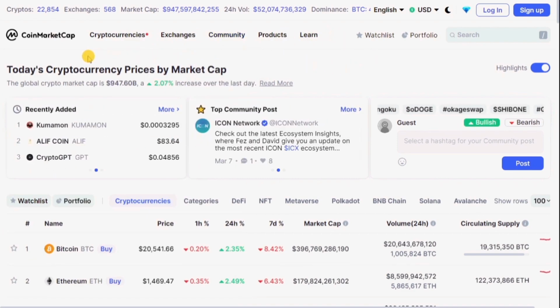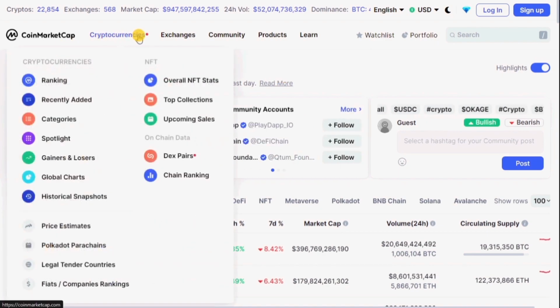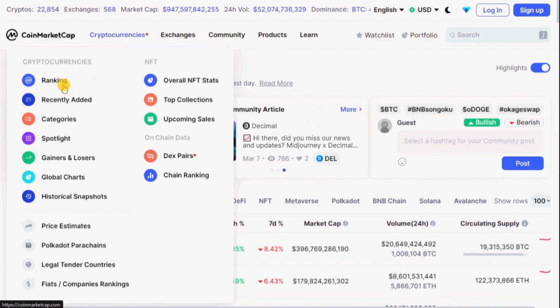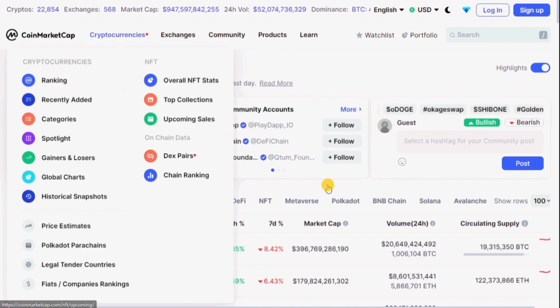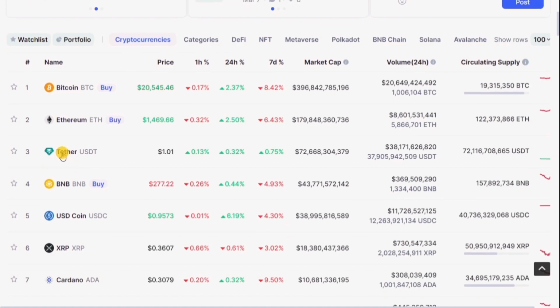On the top left-hand corner, we have currencies, which is the main subject of our sessions. They are based on different categories: ranking, which is the default form of the website when you come here. If you look here, you have Bitcoin, then Ethereum, then USDT, BNB, and the list goes on and on.